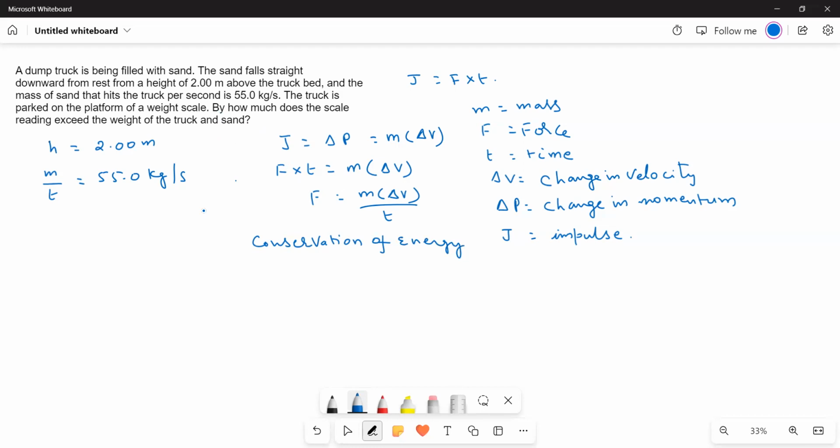The sand is falling from a height of 2 meters. Therefore, initially the sand has the gravitational potential energy, and that gets converted into kinetic energy. Ug is the gravitational potential energy, and then K is the kinetic energy.